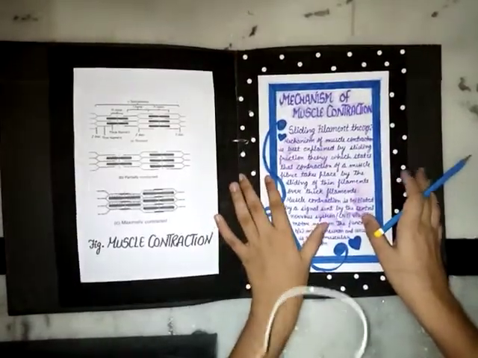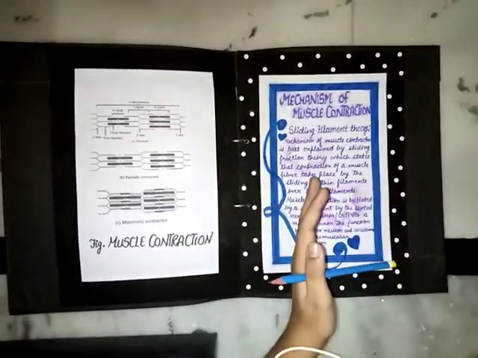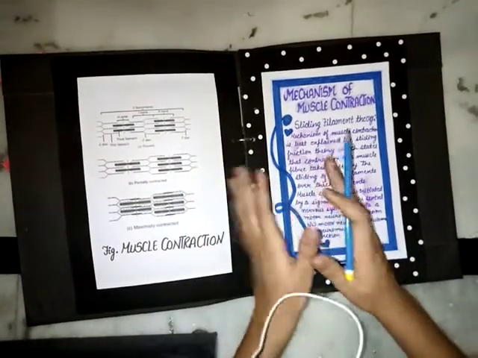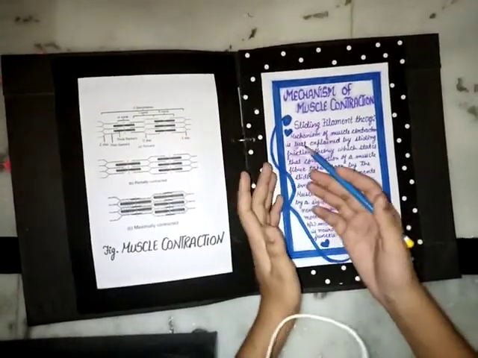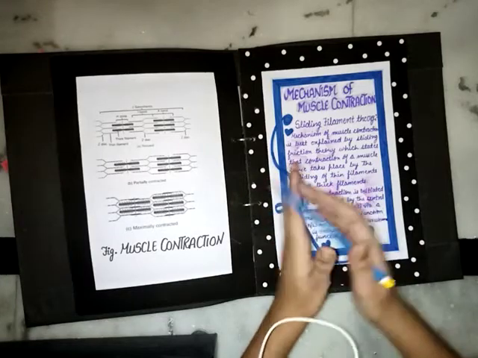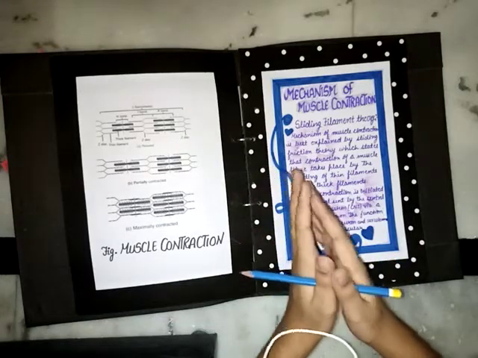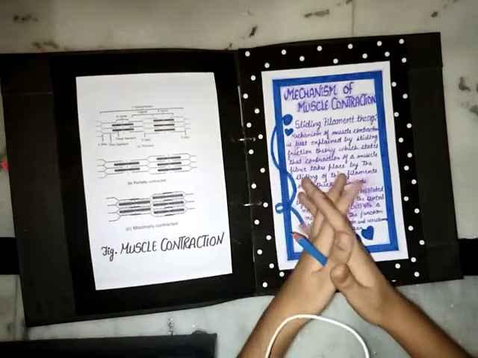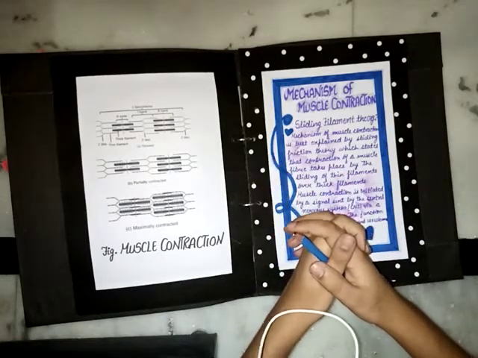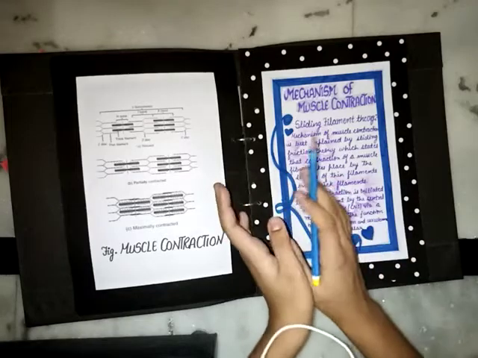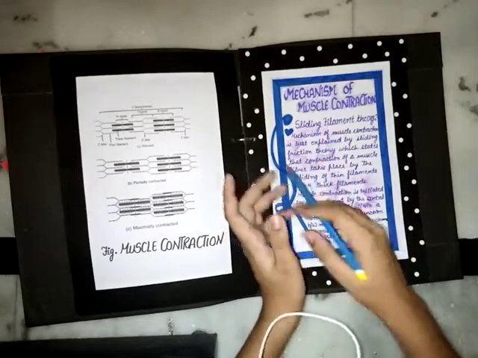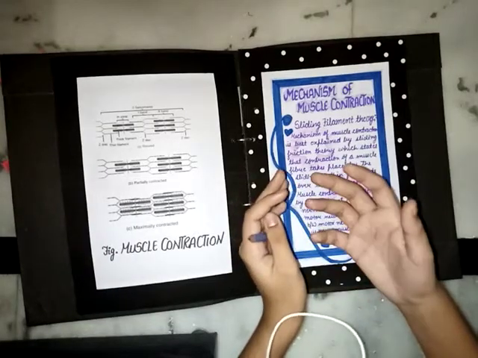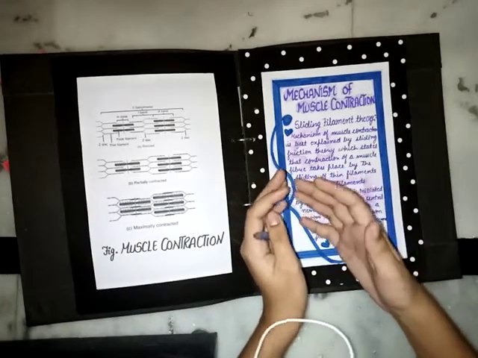Now we are going to study the mechanism of muscle contraction. During skeletal muscle contraction, the thick filament slides over the thin filaments by repeated binding and release of myosin cross bridges. This whole process occurs in a sequential manner. Muscle contraction is initiated by signals that travel along the axon and reach the neuromuscular junction on the motor end plate.